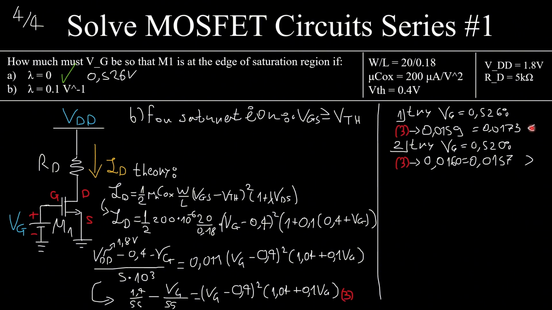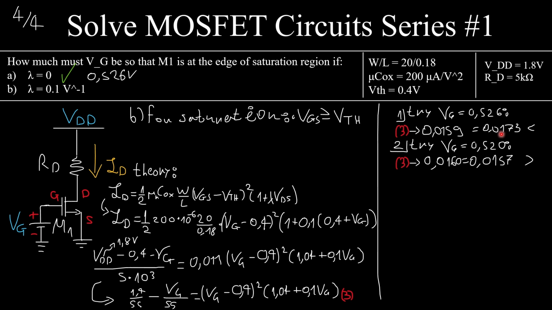If it wasn't, if again this was smaller than this, I would have to try an even lower and lower value until I have this. Now I know that the final solution must be between these points. I know that VG must be confined between 520 millivolts and 526 millivolts.